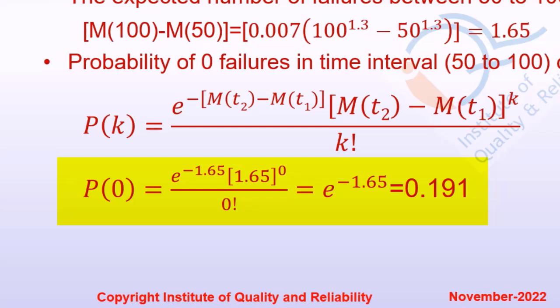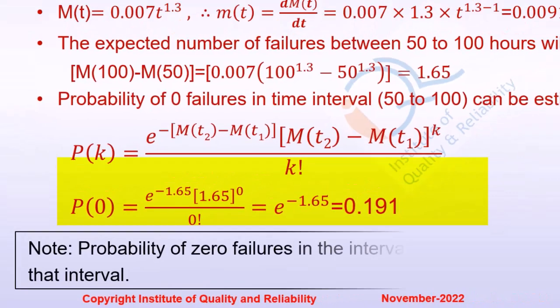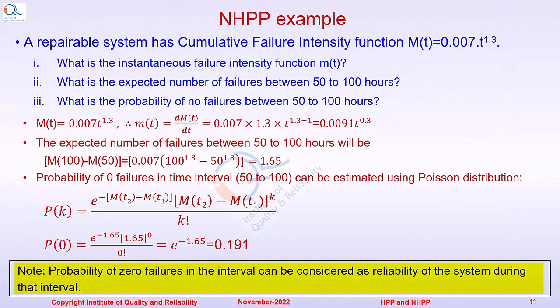We can calculate this as 0.191. Note, the probability of zero failures in an interval can be considered as the reliability of the system during that interval.